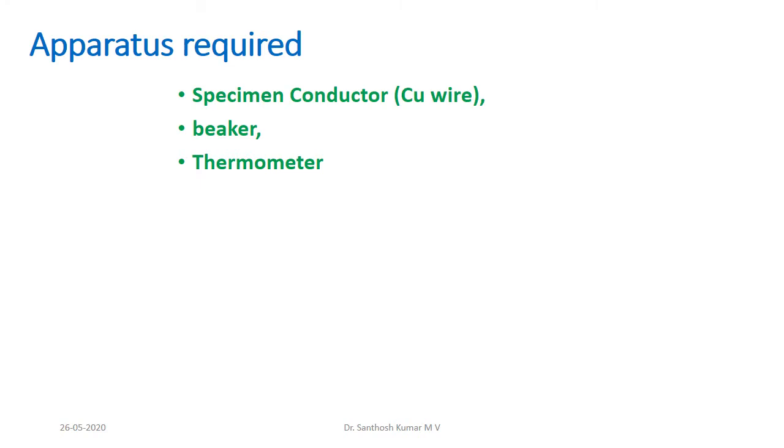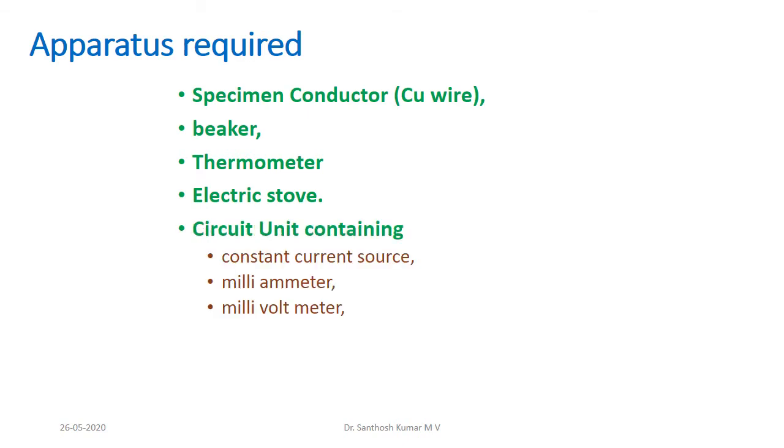A thermometer is required to record the temperature of the metal, and an electric stove is required for warming the water. Next, a circuit unit which contains a constant current source, milliammeter and millivoltmeter. These are the required apparatus to conduct this experiment.